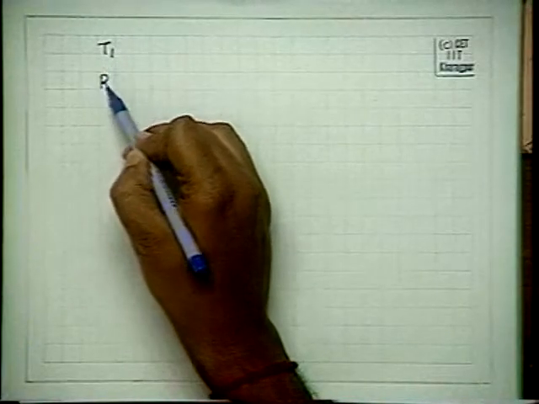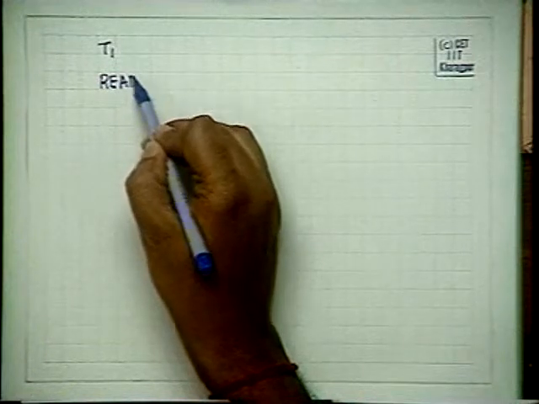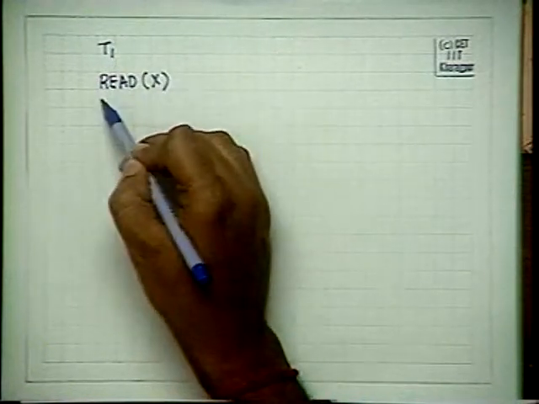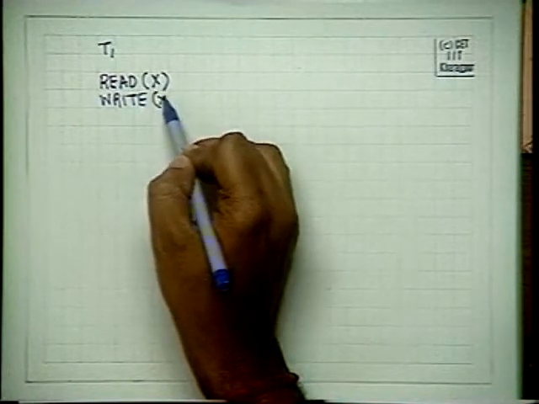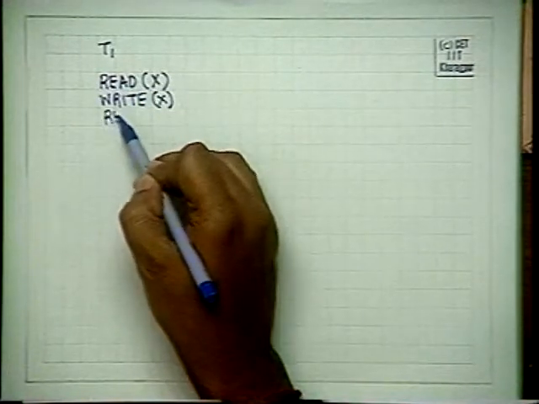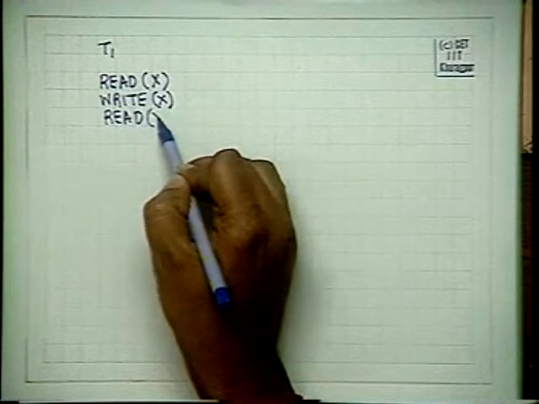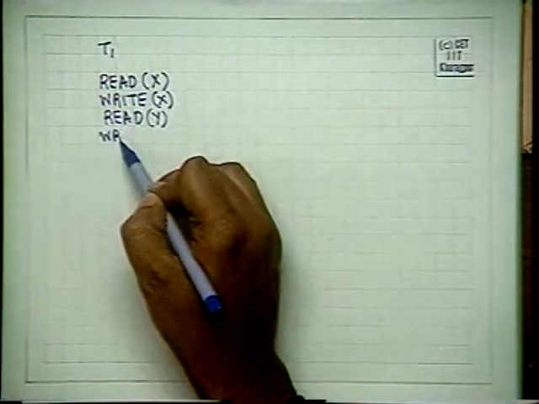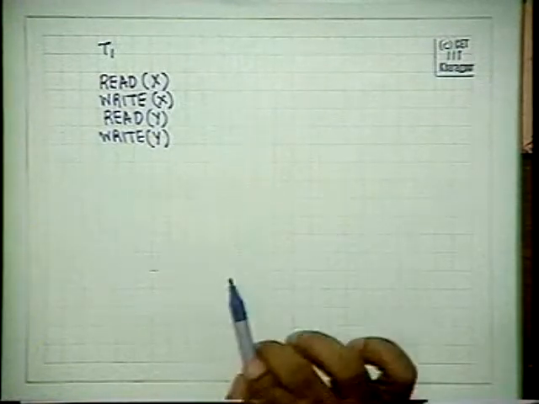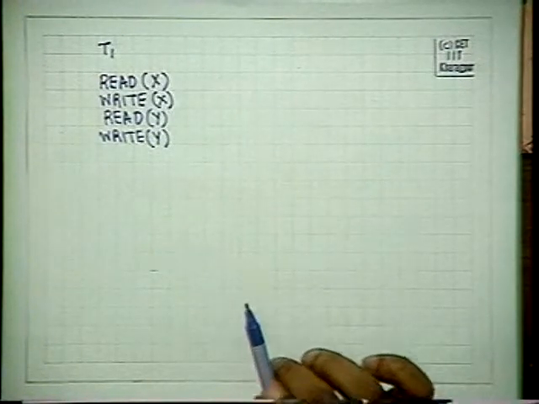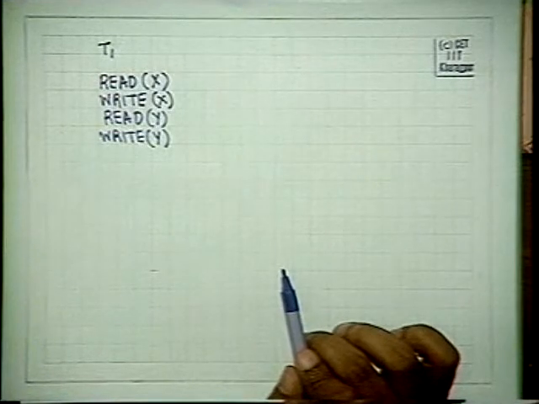We shall abstract a schedule, and the schedule will now look like this. We are just bothered about what are the read-write operations taking place on the disk, because in the memory there can be no inconsistency.